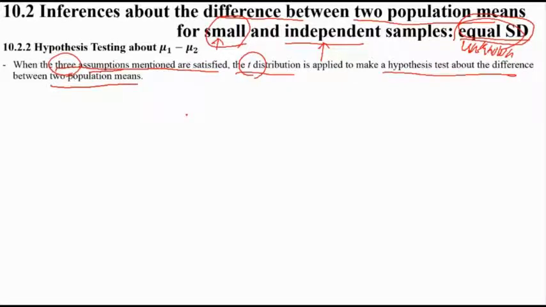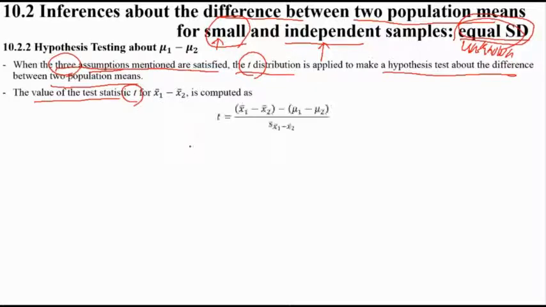Okay. So we have the testing statistic, T. So you should remember, when you find the T value for one sample, it is different from two populations. For one population, remember, it is the sample mean minus the population mean, over the sample standard deviation.